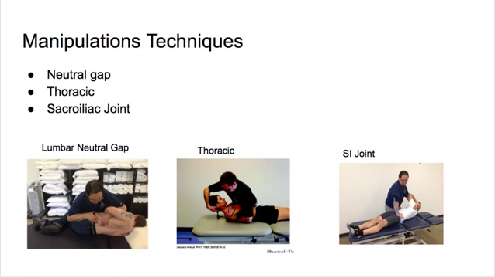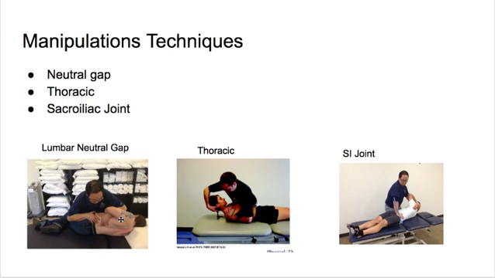region. Once you've decided that a manipulation is appropriate, some of the different options in terms of manipulations you could administer is something called a lumbar gap, neutral gap procedure that could be biased toward flexion extension, essentially. And you can see here that this is a standard technique. It's fairly straightforward to perform. Most patients tolerate it very well and has good pain relief associated with it.